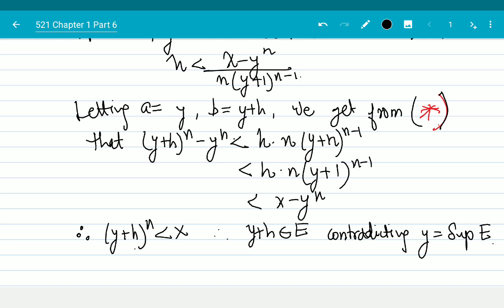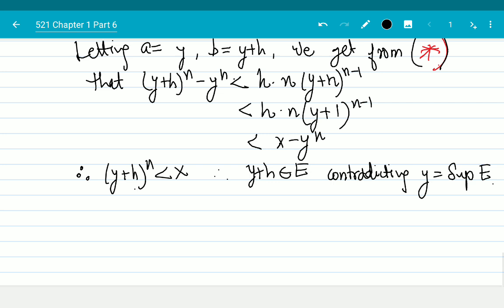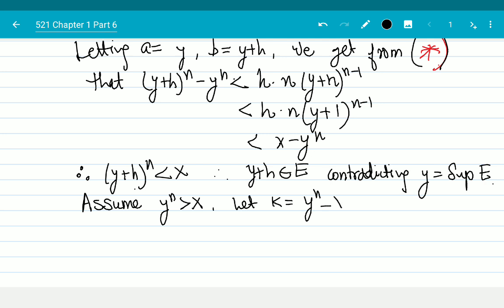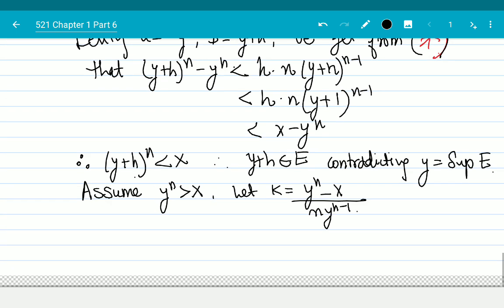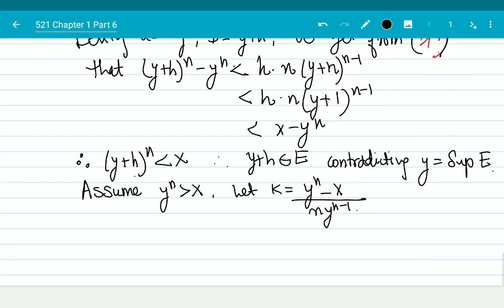Okay. Well, so now we assume that the other way is true. Assume Y to the N is greater than X. Well, the idea is going to be exactly similar. Let K be equal to Y to the N minus X over N Y to the N minus 1. Now, with this, we are no longer guaranteed that it's smaller than 1.